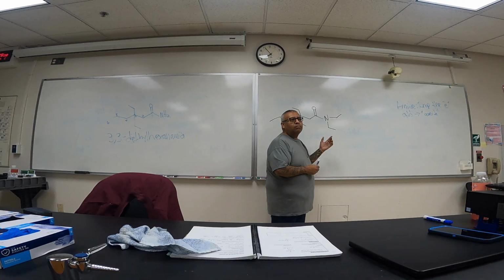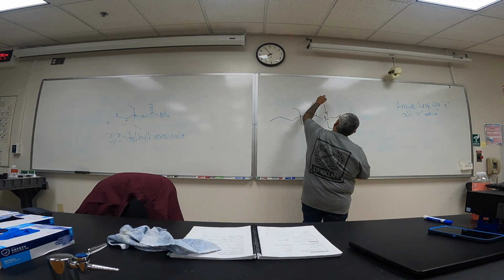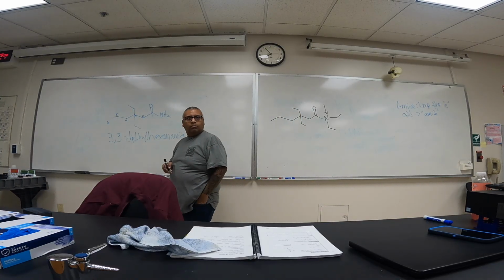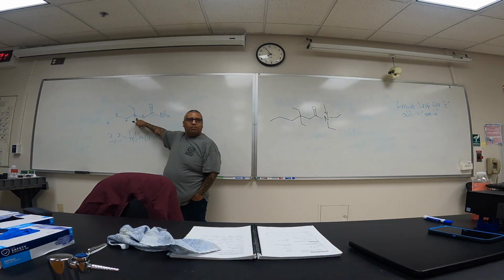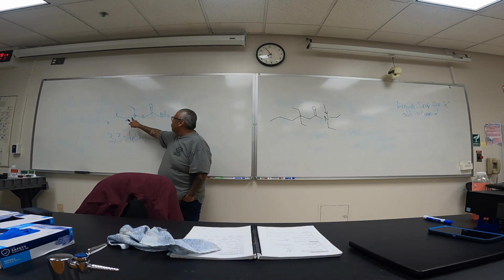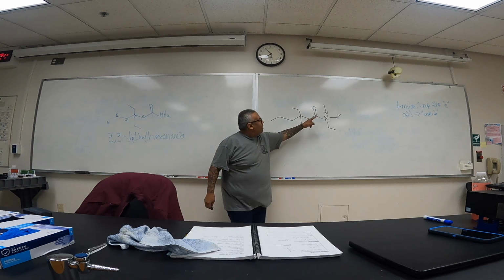On the nitrogen. I want you to treat this as if it were a number. Treat it as if it was a carbon, right? But there's no number there, so we're just going to treat it like a number. We put 3,3 because they're on carbon 3, but these are on nitrogen.